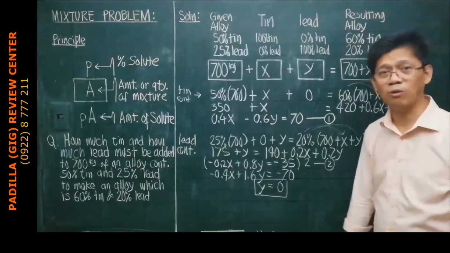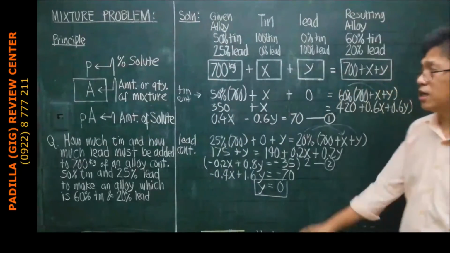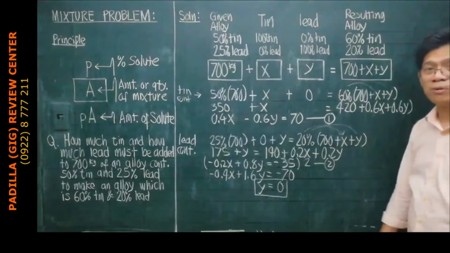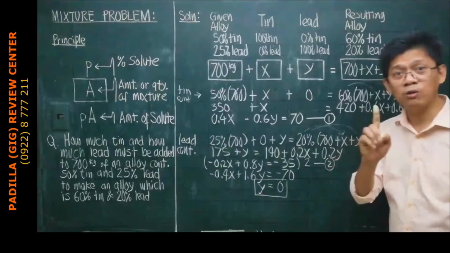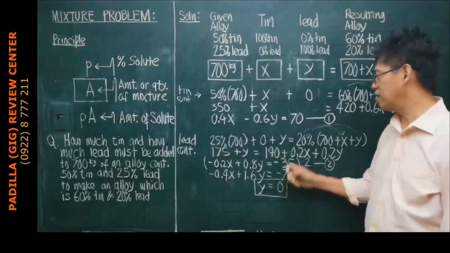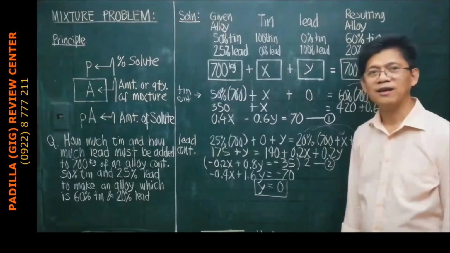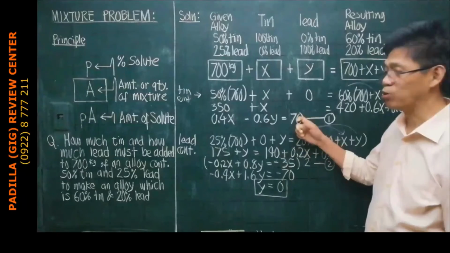That is to be expected. Why? Because from 25% lead, we want it reduced to 20% lead. You want to reduce, why will you add? Okay? Now, substituting y either to equation 1 or equation 2, you'll be able to get x. Substitute natin sa equation 1.